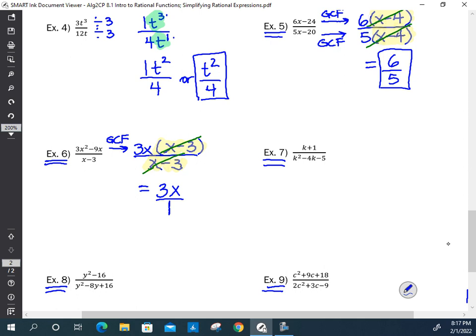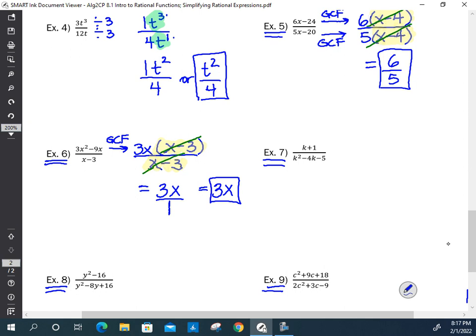So if the denominator completely drops out, then there's a 1 sitting down there, which you can simply write as 3x. So again, as it starts to get more complicated, those factoring rules are going to come into play.